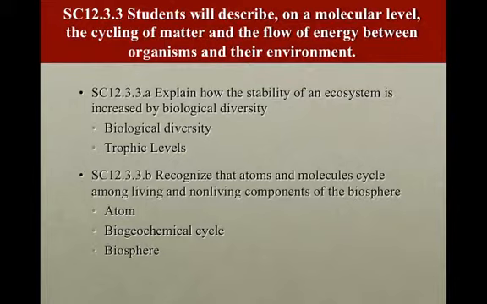So biological diversity is just how many different species you have occurring. The stability of an ecosystem. If you have more biological diversity, you're going to be more stable, because if one runs out, you probably have something else that you can use as a backup.